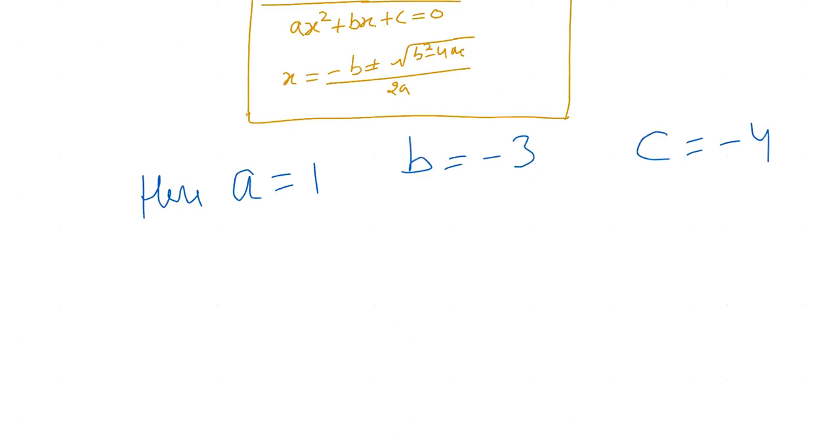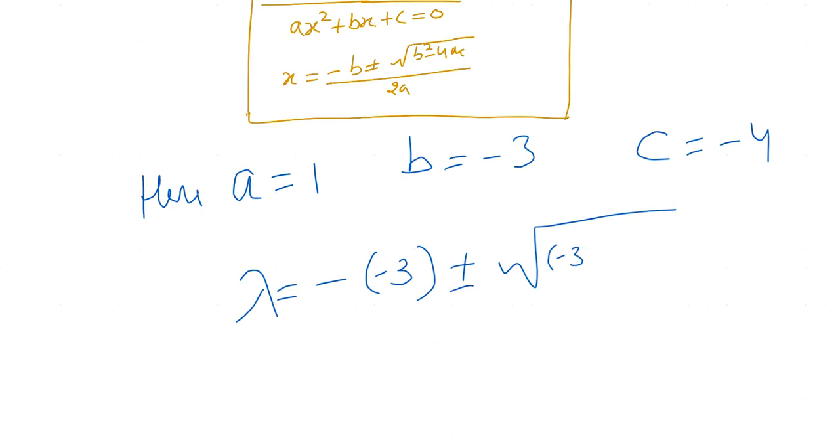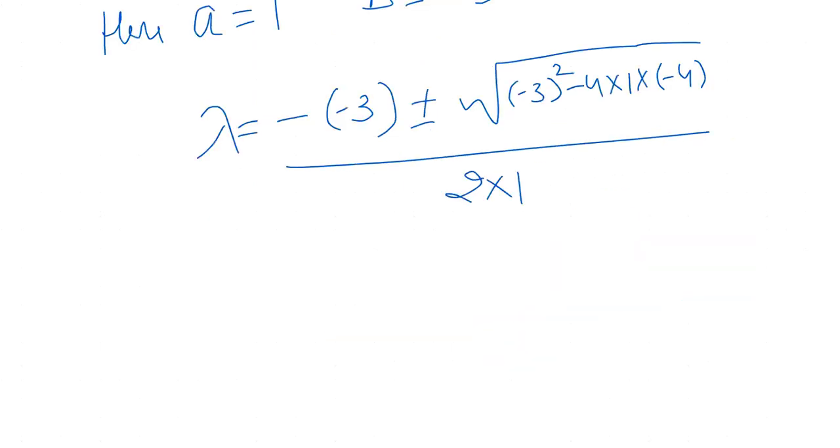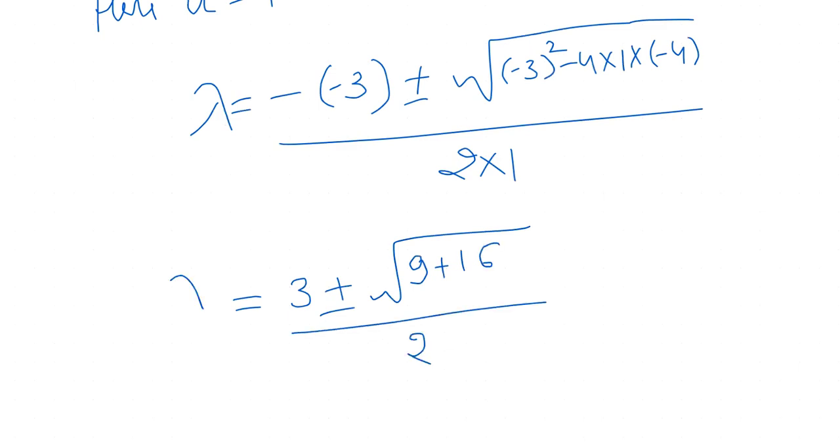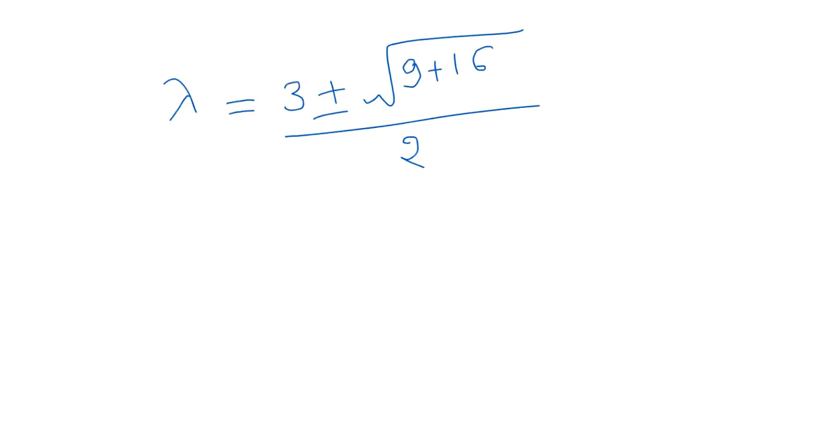So lambda is equal to minus b, where the value of b is minus 3, plus minus square root of b square minus 4 into a into c upon 2 into a, which is 3 plus minus square root of 9 plus 16 upon 2, equal to 3 plus minus square root of 25.